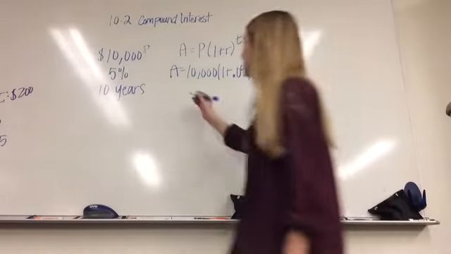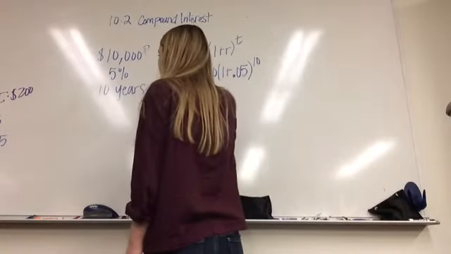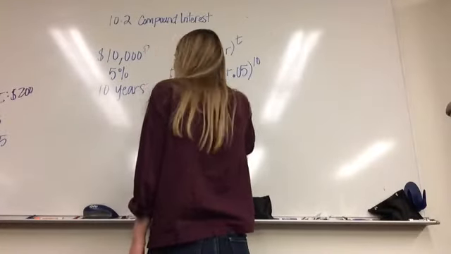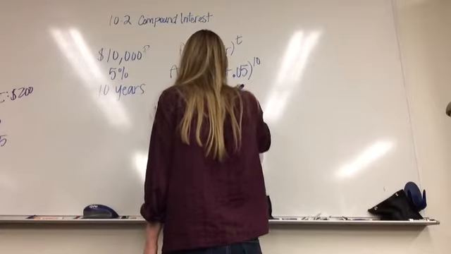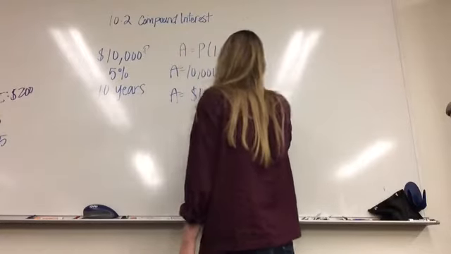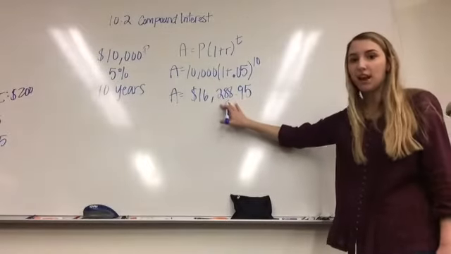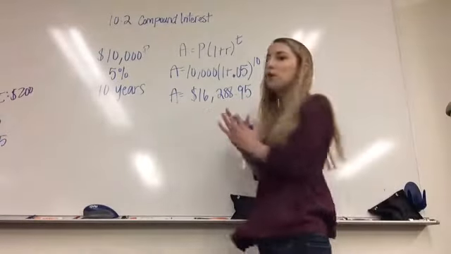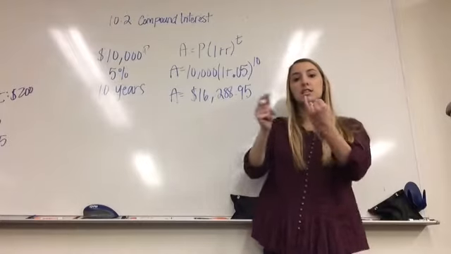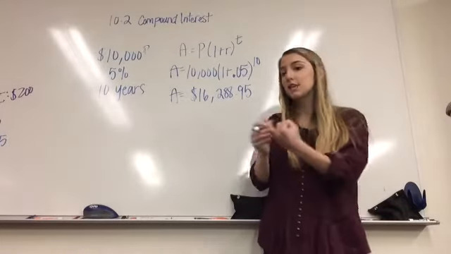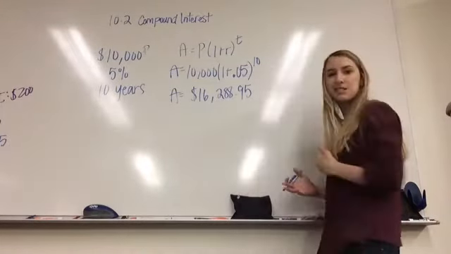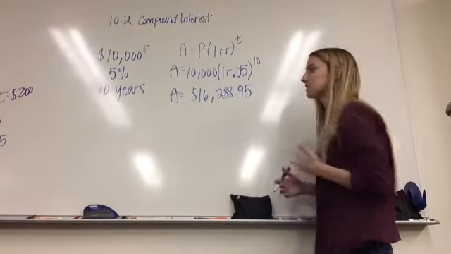And you should get that the total amount of money is $16,288. Okay, so that's not the interest that I earned. That's the total amount of money that I have. So that's the money I started with plus the interest all in one lump sum of $16,000 almost.